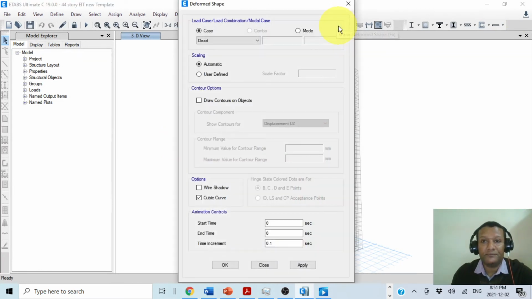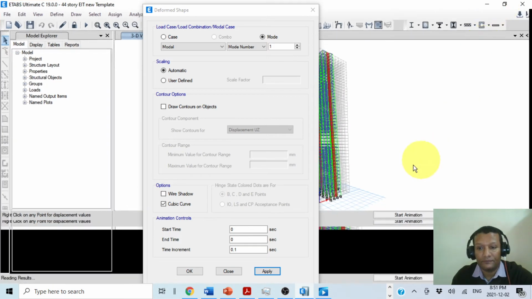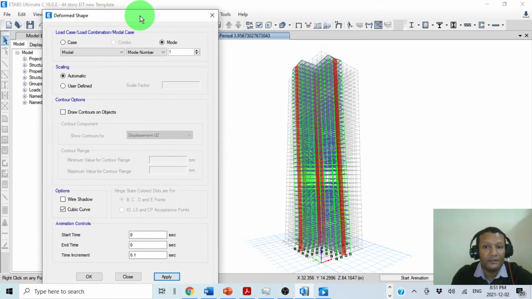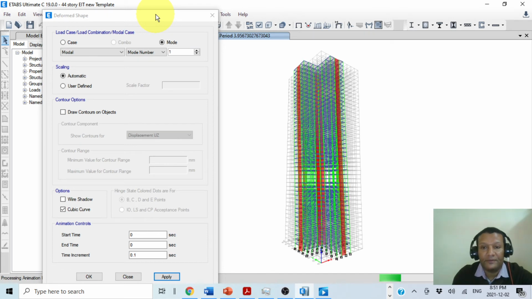So we can go here, the mode shape, this is mode. So the first mode was in the X direction, so we will apply it and start animation. This is mode 1. It will take time.